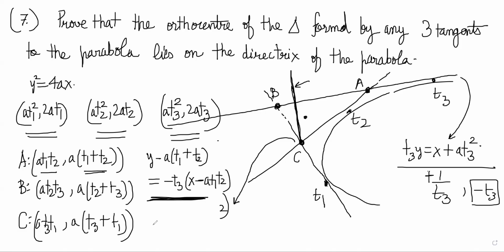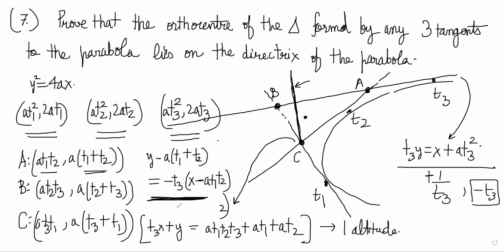If you simplify, this equation becomes t3x plus y minus at1 minus at2 plus at1t2t3. Okay, so I'll write it as t3x plus y is equal to at1t2t3 plus at1 plus at2. This is the equation of one altitude.